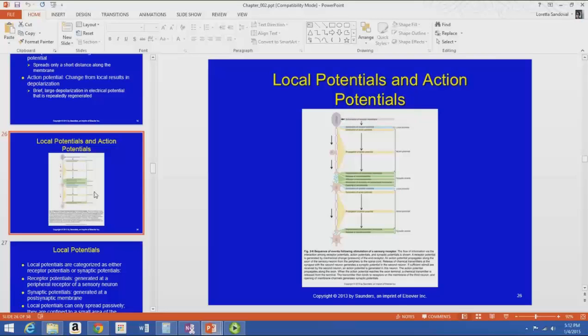At the presynaptic membrane, it releases neurotransmitter. That neurotransmitter diffuses across the synapse. It stimulates those ligand-gated channels, those receptors on the postsynaptic membrane, and opens ion channels to create that synaptic potential. If there are enough of them, it's going to generate an action potential to propagate down that neuron, and then you will repeat the process all the way down the chain until you finally feel it.